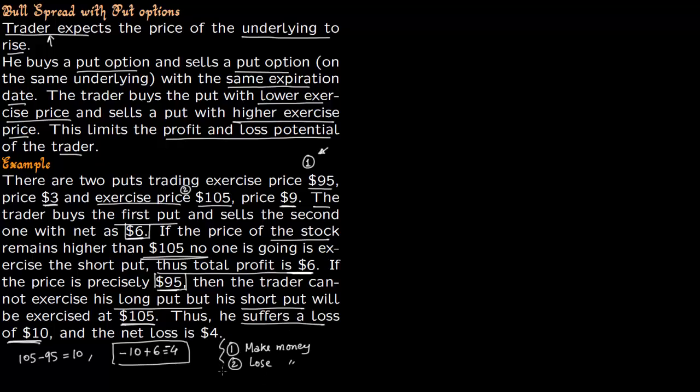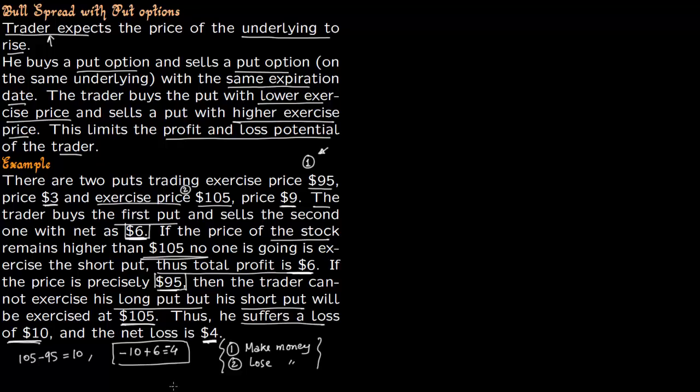So these two scenarios will cancel each other out. Loss and gain will cancel each other out. So for the trader using the bull spread with put options, given this example, he will suffer a maximum loss of $4 per share and a maximum profit of $6 per share.